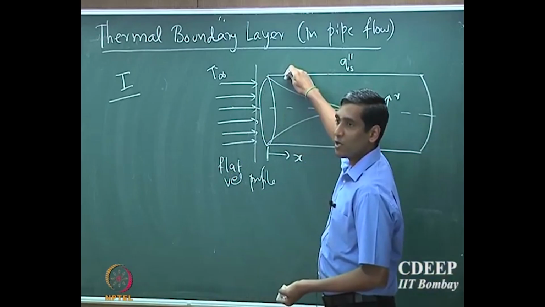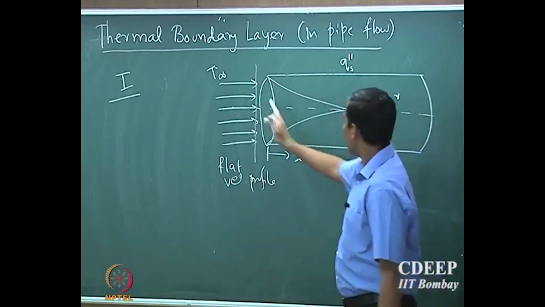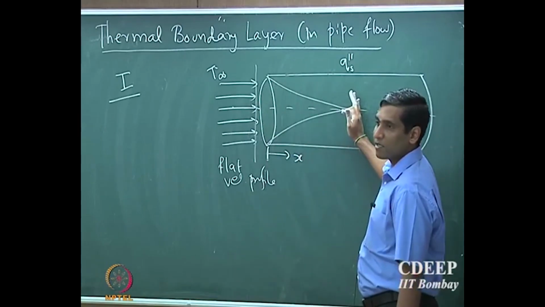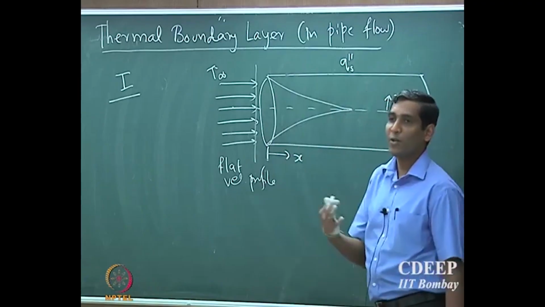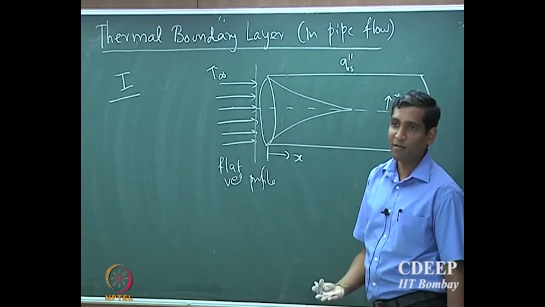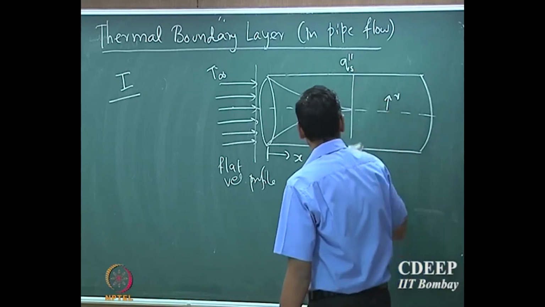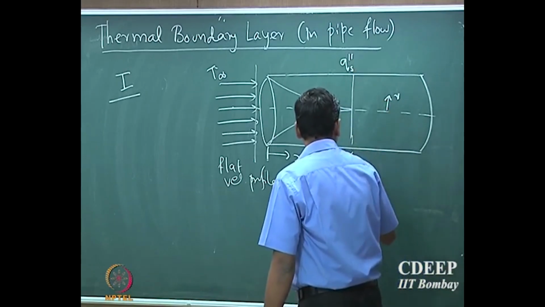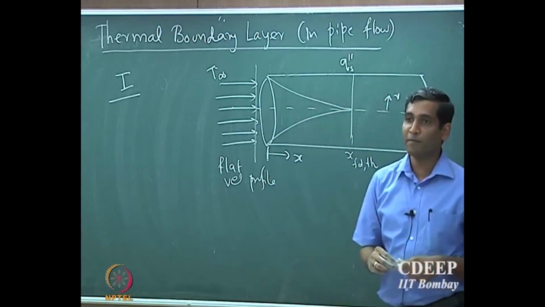the surface is felt by the fluid as soon as the fluid enters the tube, and up to a certain location only a fraction of the fluid in any cross section is experiencing the presence of the wall or the heat transport from the wall, and up to a certain location, a location called the thermal fully developed region.